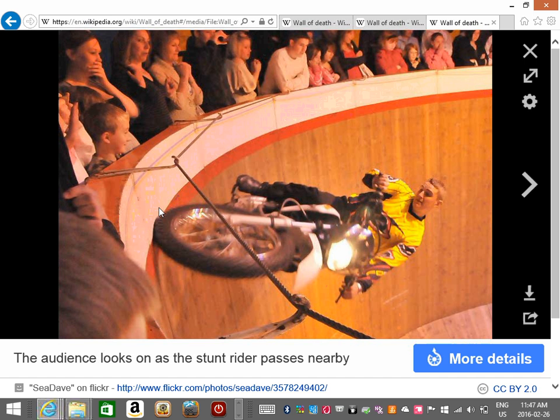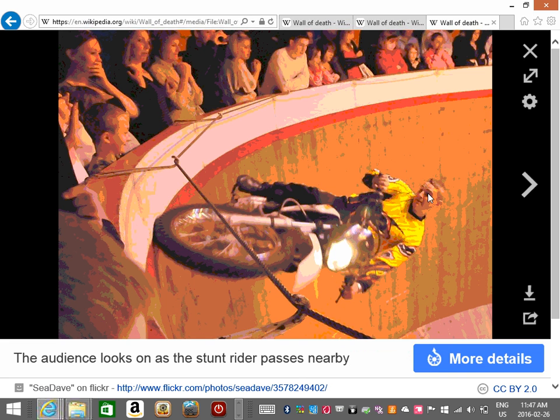The normal force. In this case, the normal force will be pointing this way. So if that centrifugal force is bigger, that means the normal force is bigger, which means friction is bigger. Okay? Anyway, so this is the wall. Not that I suggest you try this, but this is the wall of death.